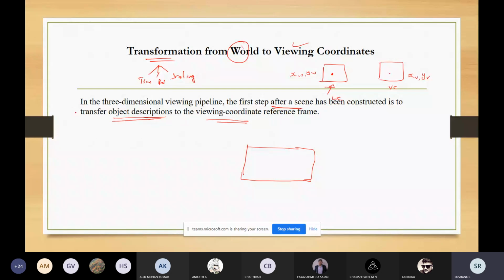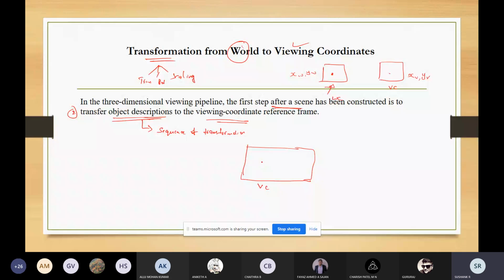The second step is to transfer the object description, which is equivalent to a sequence of the transformations we have learned. This sequence of transformations will superimpose the viewing coordinate reference frame onto the world coordinate reference frame.